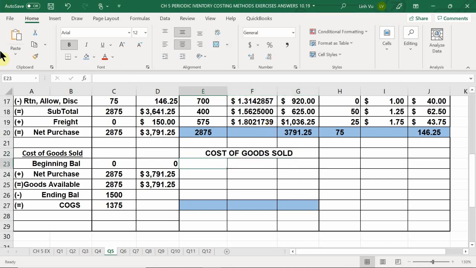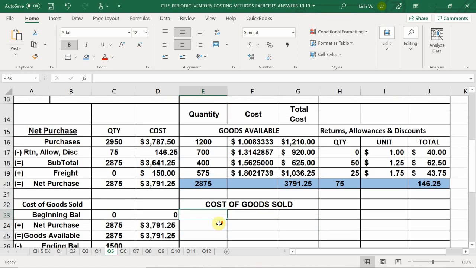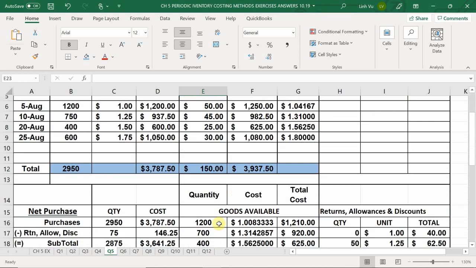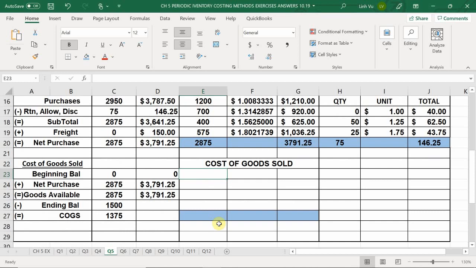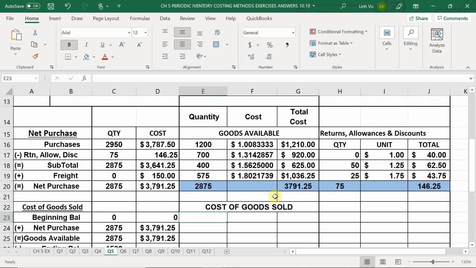Okay. So since we are using LIFO this time, right? That's the big difference. We're using LIFO, which is last in, first out. So in this case, which batch am I going to start from first? The one with 575.